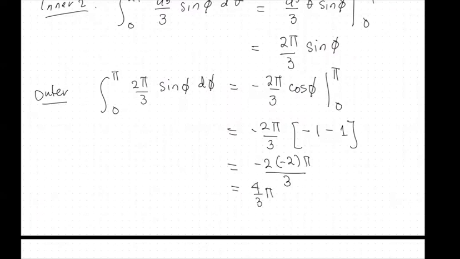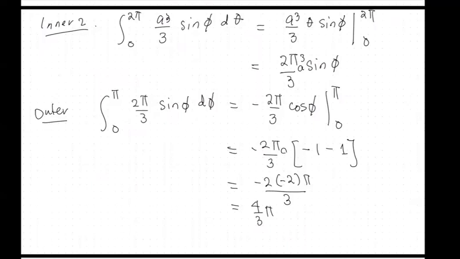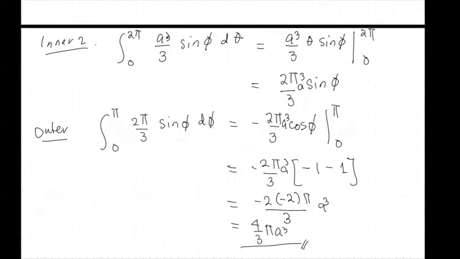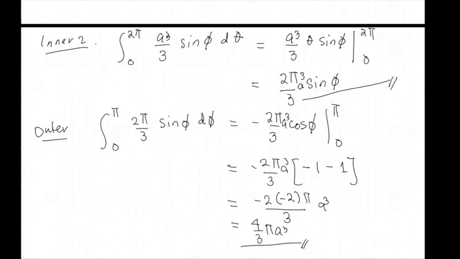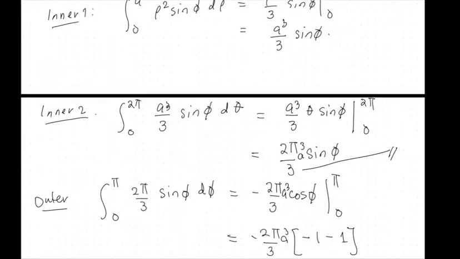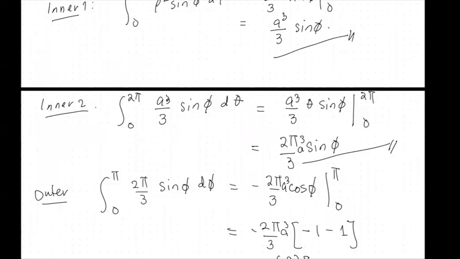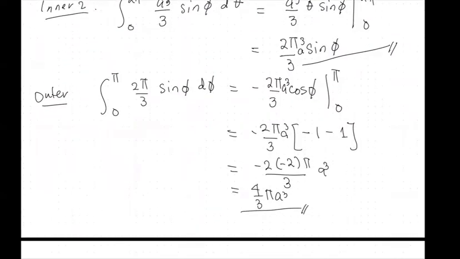Of course, I forgot the a raised to 3 here. This is the volume of our sphere of radius a. So this is the first level, this is the second integral, and the third integral will give us the final answer.